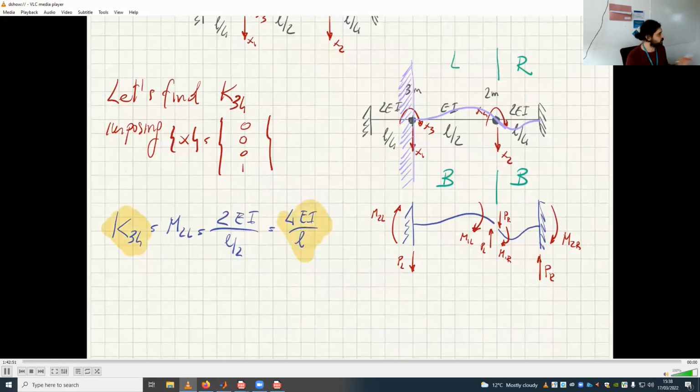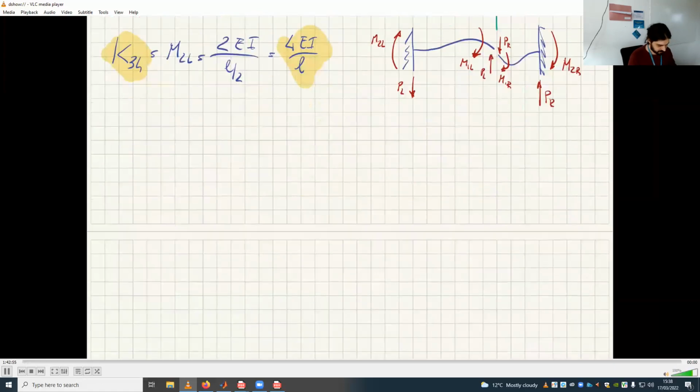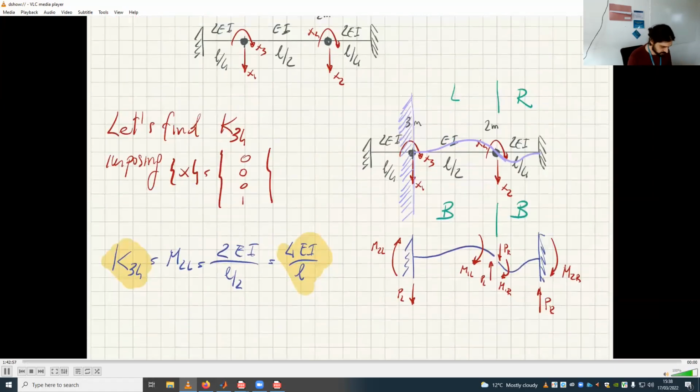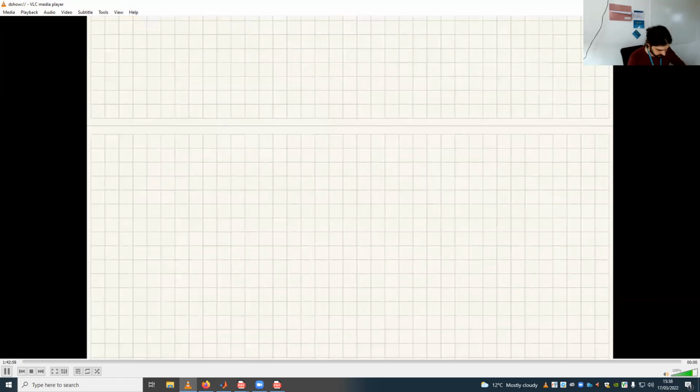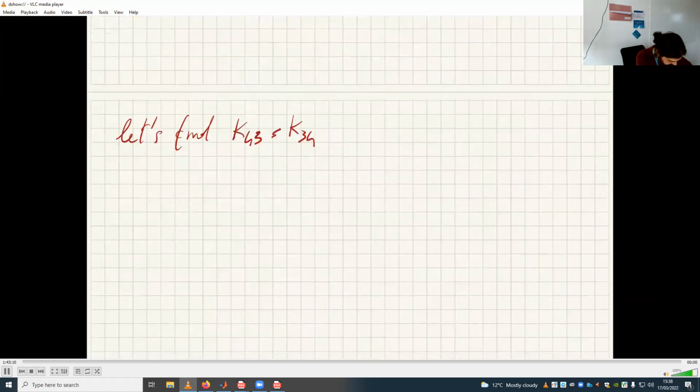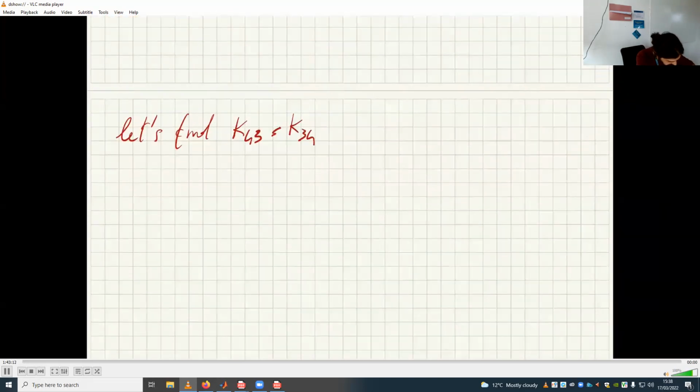Now let's find K43, which should be exactly the same. But we need to redo it. So let's find K43, which we know is equal to K34, but now imposing X equals 0, 0, 1, 0.